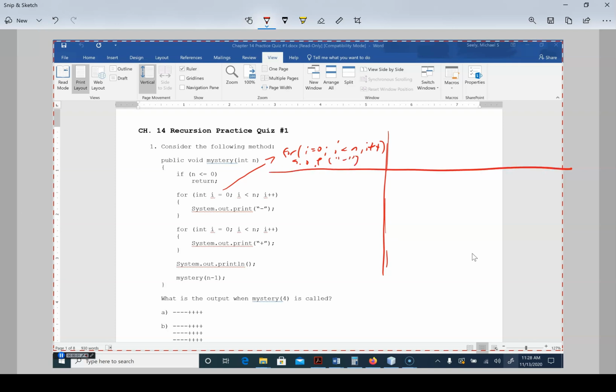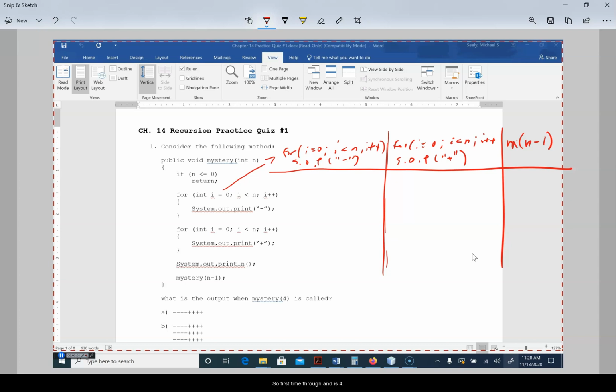Then we'll have our next for i equals 0, i is less than n, i plus plus, and then we got our s.o.p plus symbol. And then it does a new line, and this does our mystery. I'm just going to call it m, n minus 1.